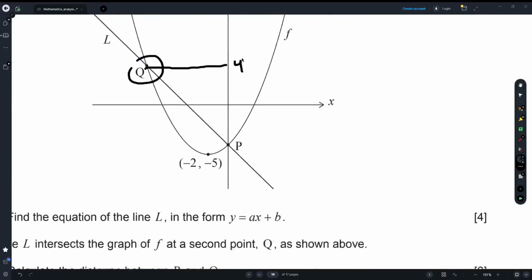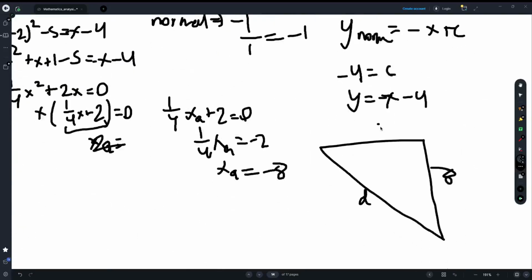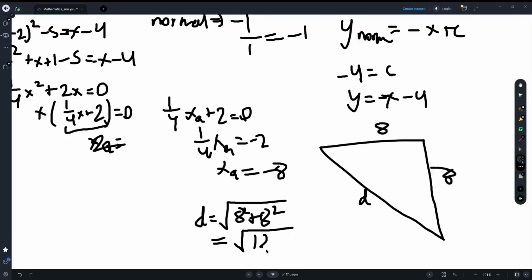And on the top, we know this is going to be 8 here as well. So this d is just going to be root of 8 squared plus 8 squared by the Pythagorean theorem, which is root of 128.